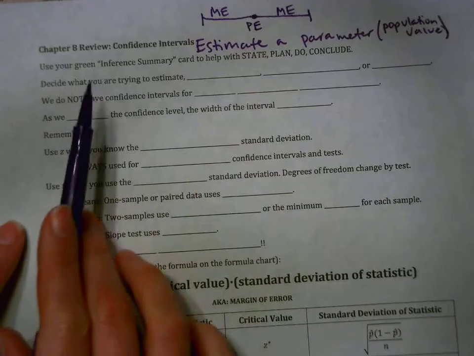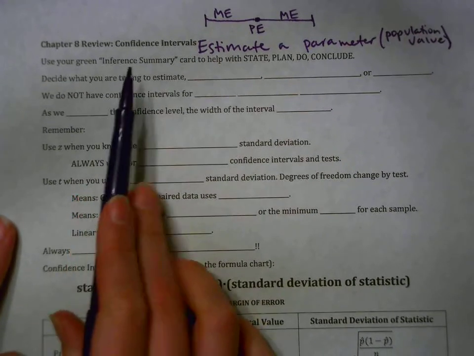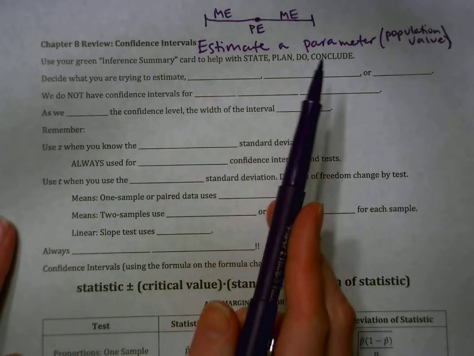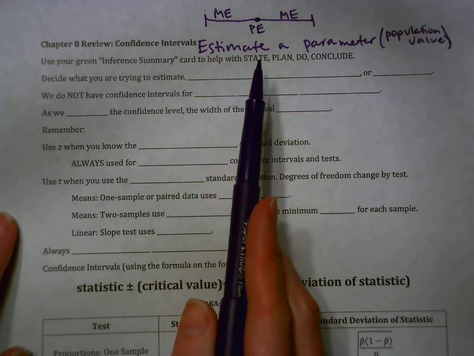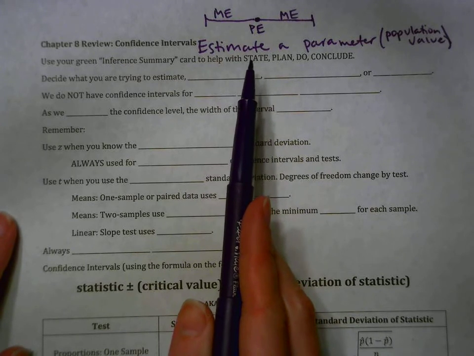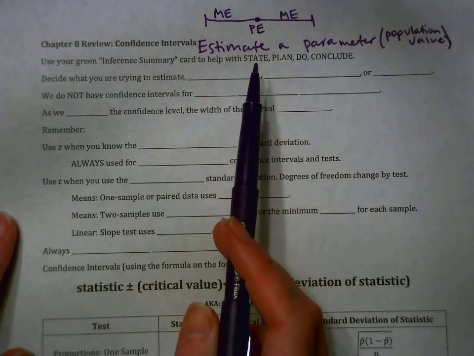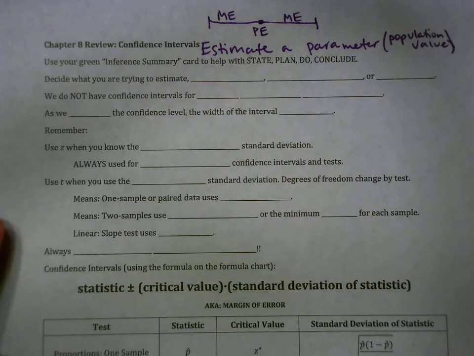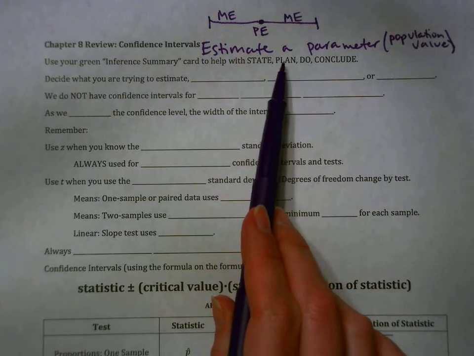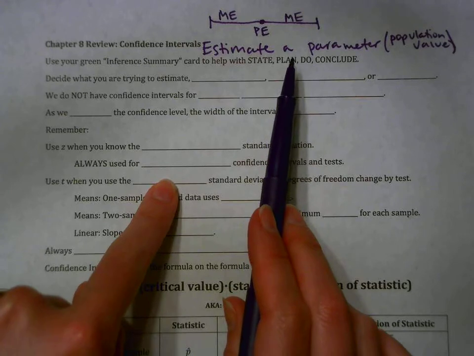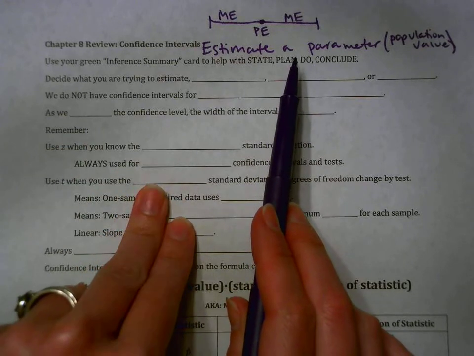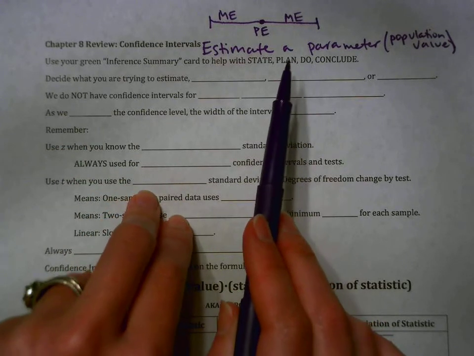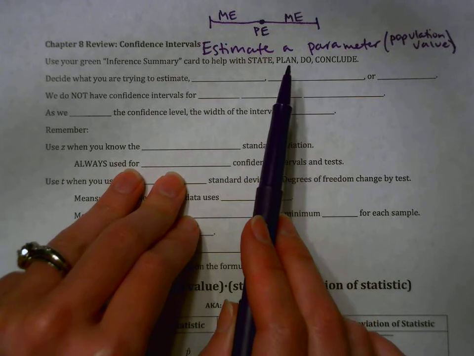It says use your green inference. We didn't get to that, but you can go back and review state, plan, do, conclude. Your state is, we are estimating at a blank confidence level the true whatever in context. Your plan is those conditions. Is it random, 10% if you're doing a random sample without replacement, and then if it's a proportion, you check large counts.